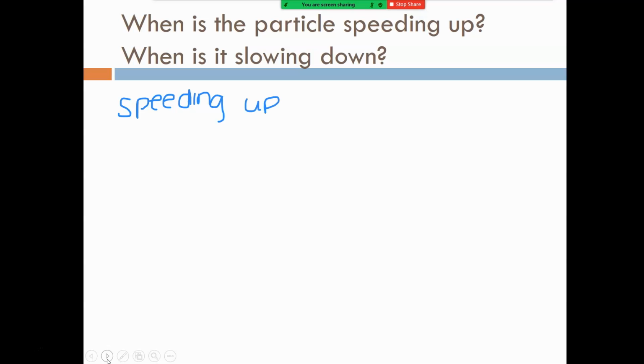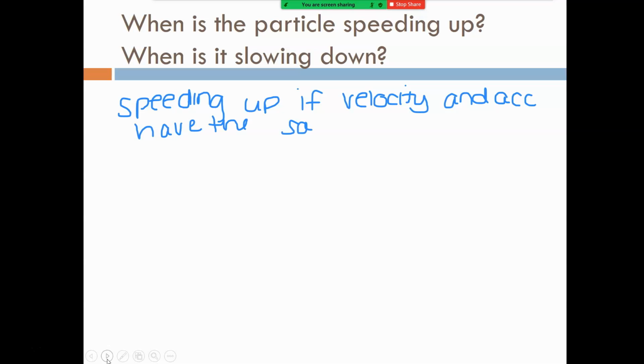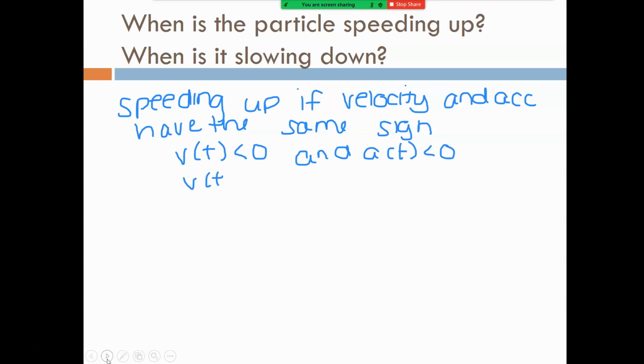What that means is that the velocity is negative and the acceleration is negative, or velocity is positive and acceleration is positive.